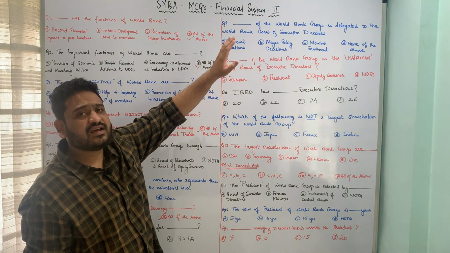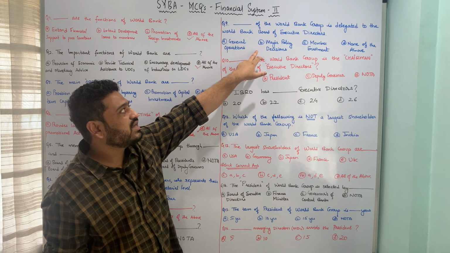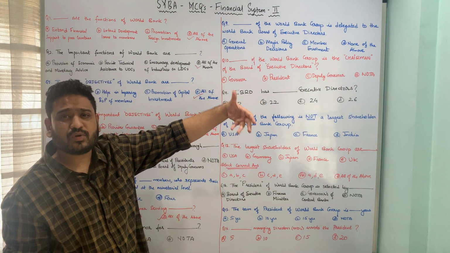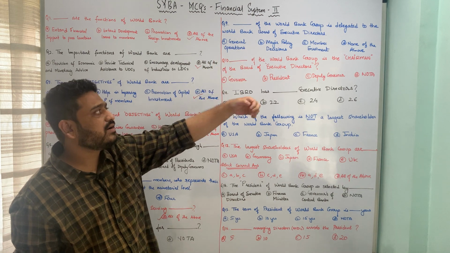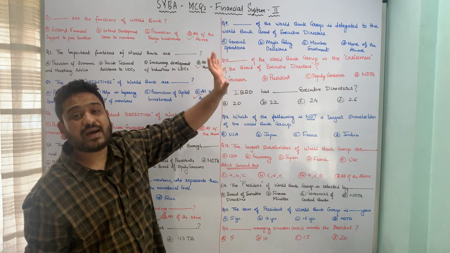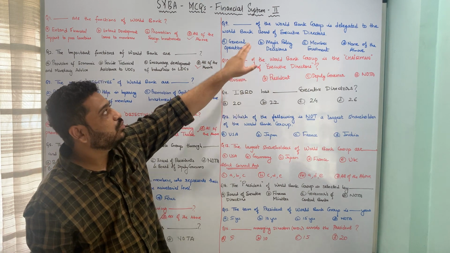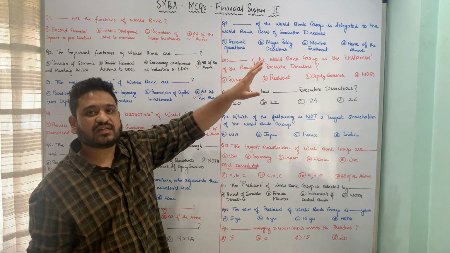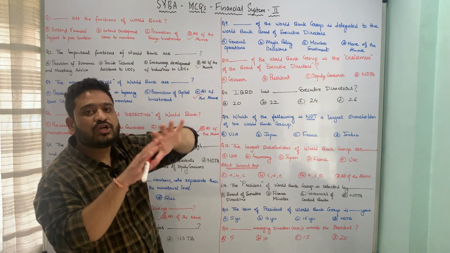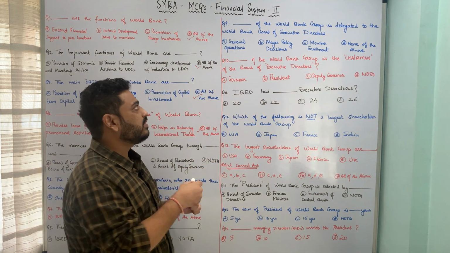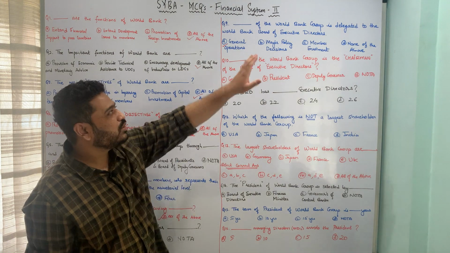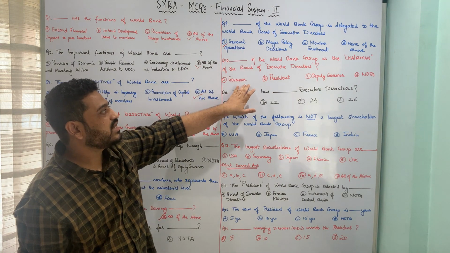Whether they are in relation to general operations, major policy decisions, or member enrollment, that means enrolling member countries, and last is none of the above. So here the general operations of the World Bank Group is delegated to the Board of Executive Directors. That means the Board of Executive Directors are assigned works in relation to general operations of the World Bank Group, and therefore option A, general operations, is the correct answer to this particular question. I hope the question is clear. Let us now move to the next one.